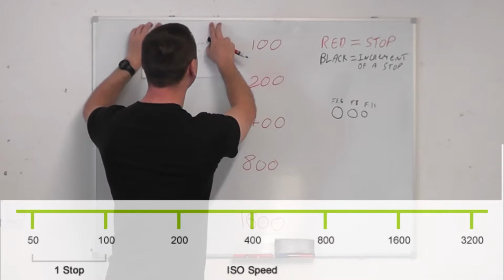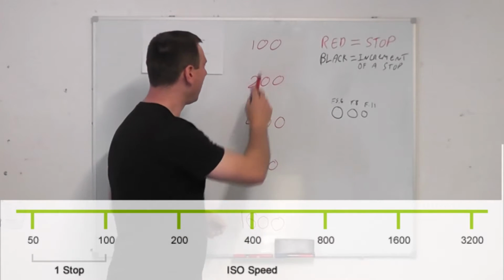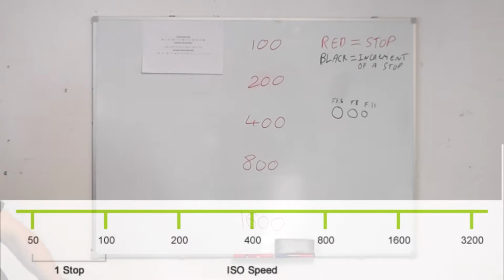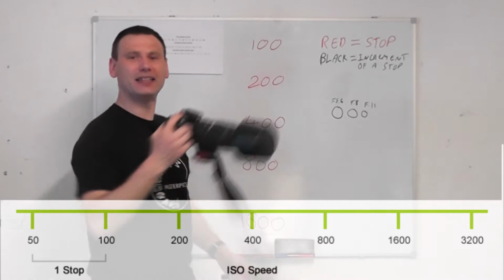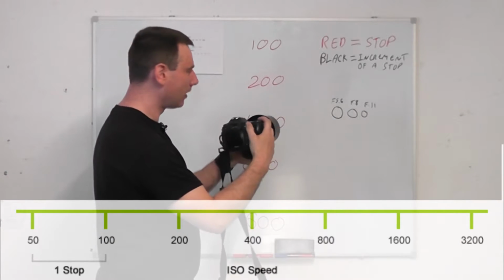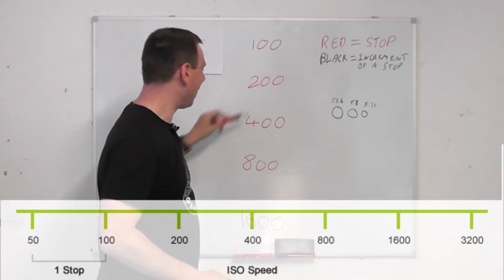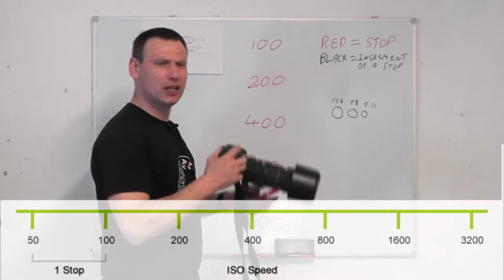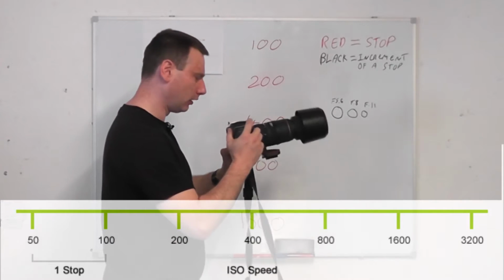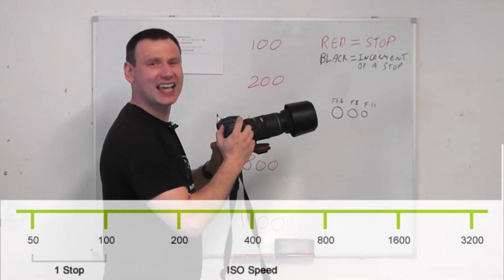Now, this is what I'm getting at. What I've noticed, particularly with ISO on my camera, is that on my digital camera here, I have additional numbers within my ISO range. So if I come all the way down to ISO 100, okay, I've got ISO 100.